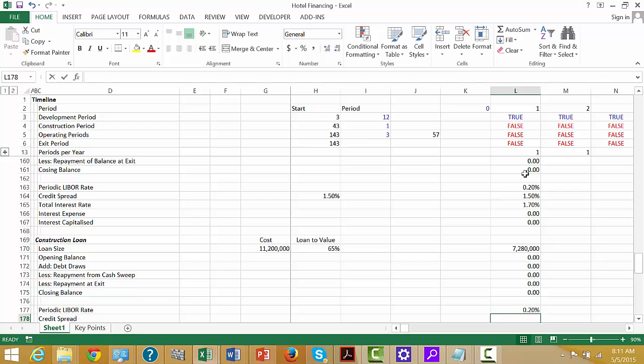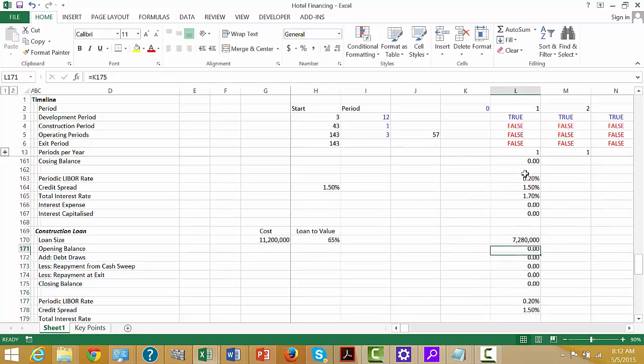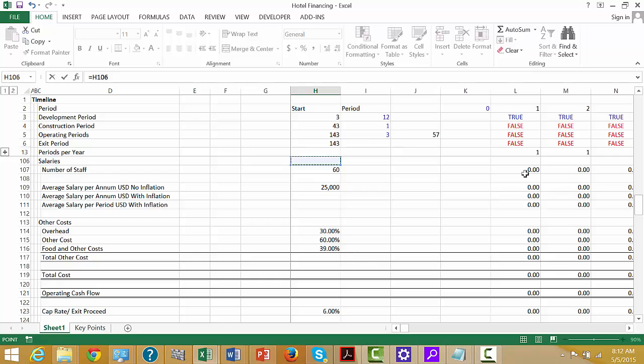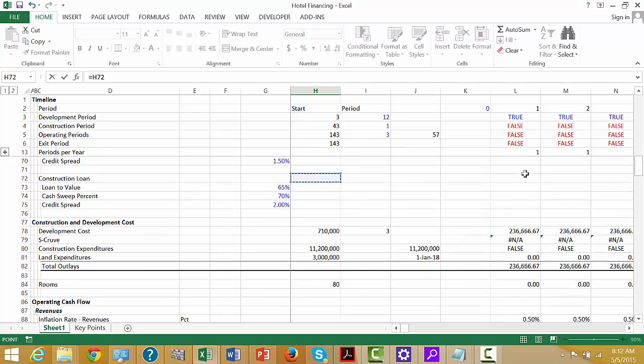Okay, and then we can get the LIBOR rate, which was kind of a pain to get, remember. And then we can get the credit spread, which, of course, I did incorrectly because we should have divided that by 4 and put it in periodic periods. And the credit spread for our construction loan is presumably a tiny little bit more risky, so we take this one.